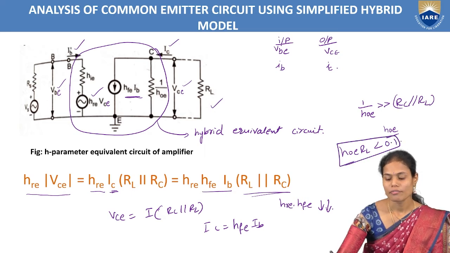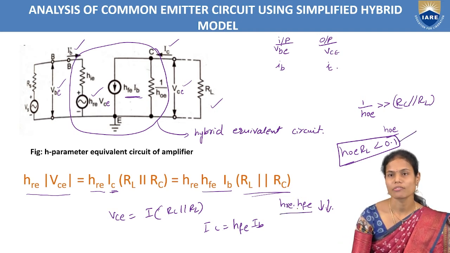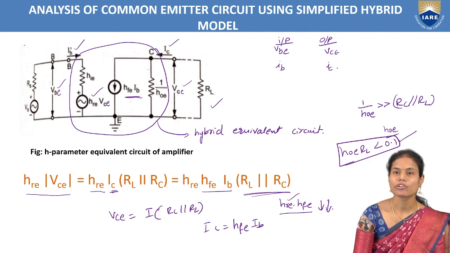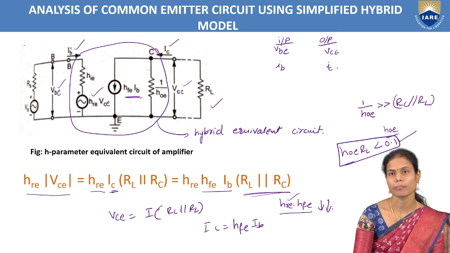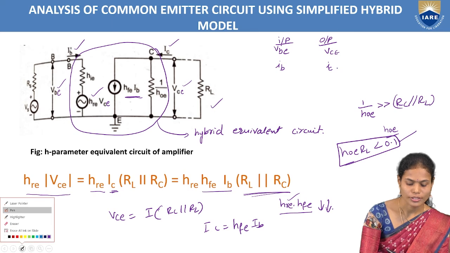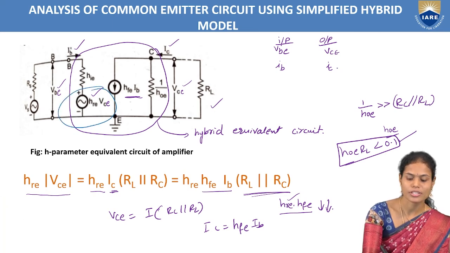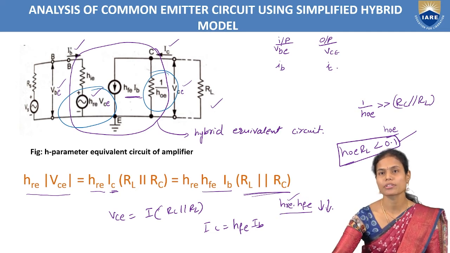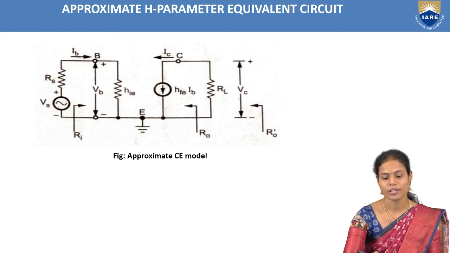When this condition is satisfied, and the HRE HFE value is small, and the RL parallel with RC value is also small, we can neglect HRE as well as HOE in the equivalent circuit of the common emitter amplifier. After neglecting HRE VCE as well as 1 by HOE in the equivalent circuit, we will get the approximate or simplified common emitter model.